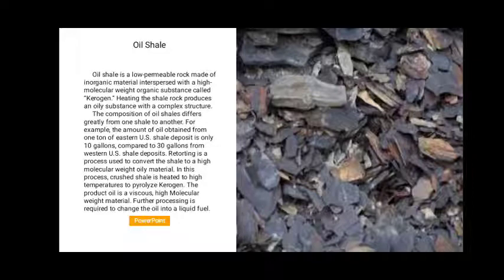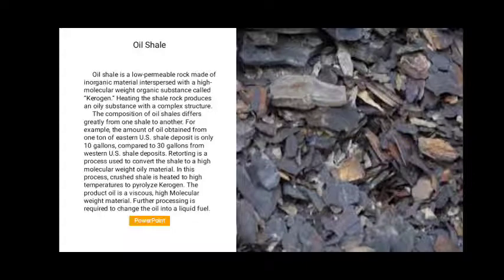For example, the amount of oil obtained from 1 ton of eastern U.S. shale deposit is only 10 gallons, compared to 30 gallons from a western U.S. shale deposit. Retorting is a process used to convert the shale to a high molecular weight oily material.